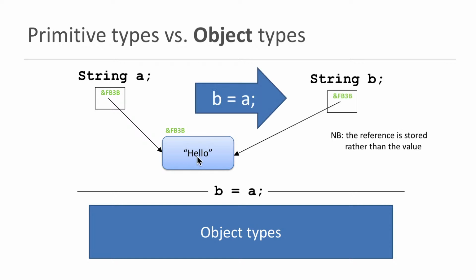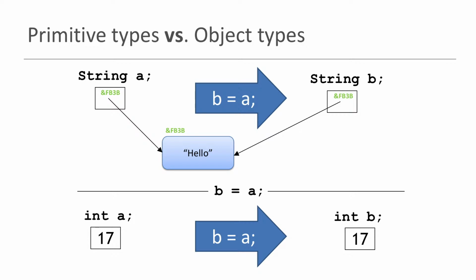So when we say B is assigned a value A, where B is a string, in this case, instead of copying hello, what you're actually doing is copying the reference into B. The reference is stored rather than the value. So side by side, on top we see how B is assigned a value A works for object types, and on the bottom how it works for primitive types.